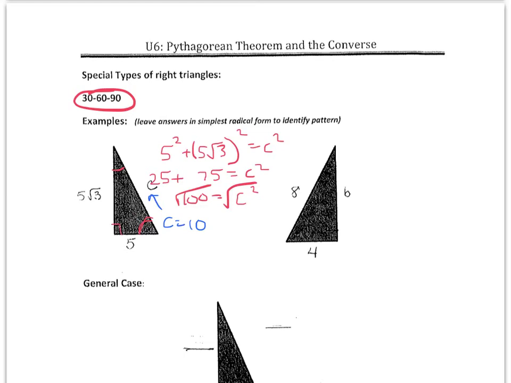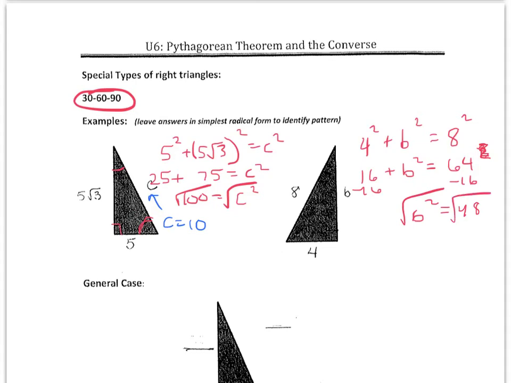The hypotenuse is 8. The shorter side is 4, and we need to find the longer leg. So we have 4 squared plus b squared equals 8 squared. 16 plus b squared equals 64. Subtract 16 on both sides, and we get b squared equals 64 minus 16, which is 48.